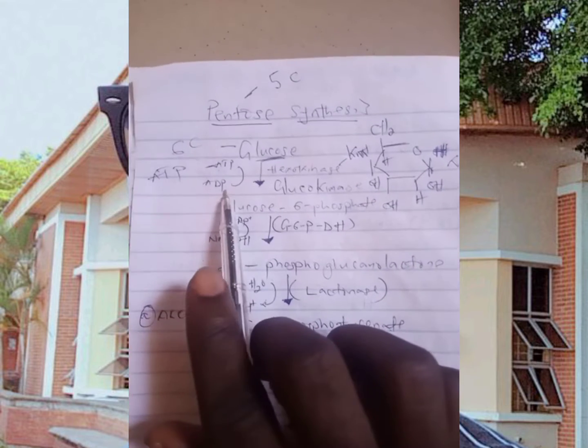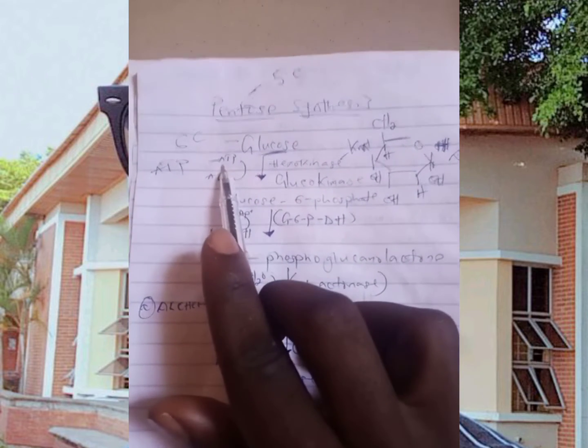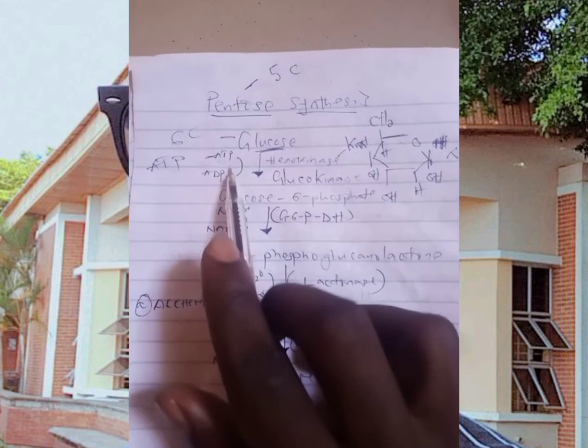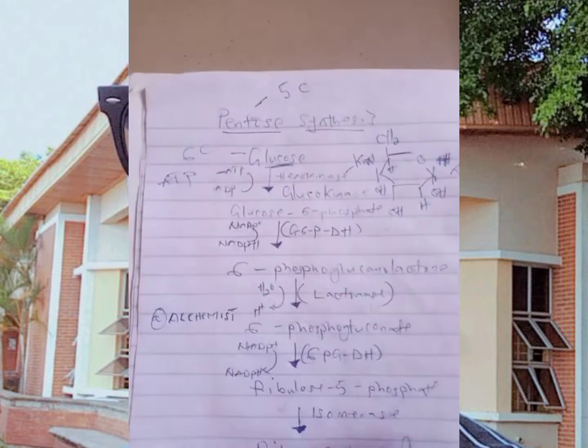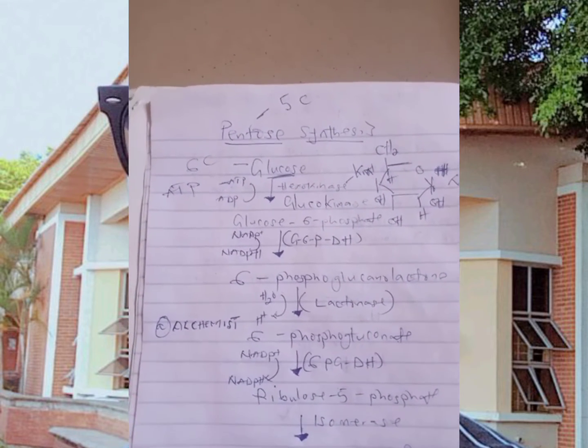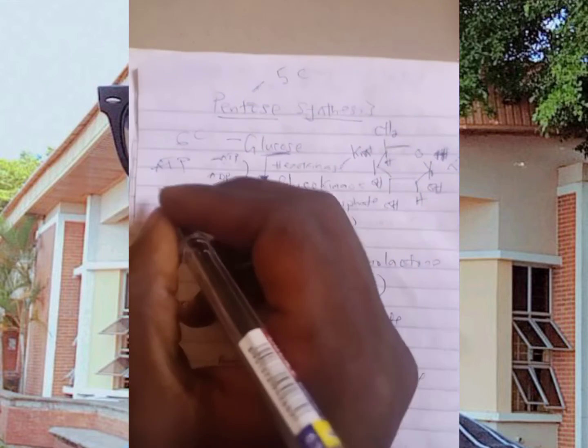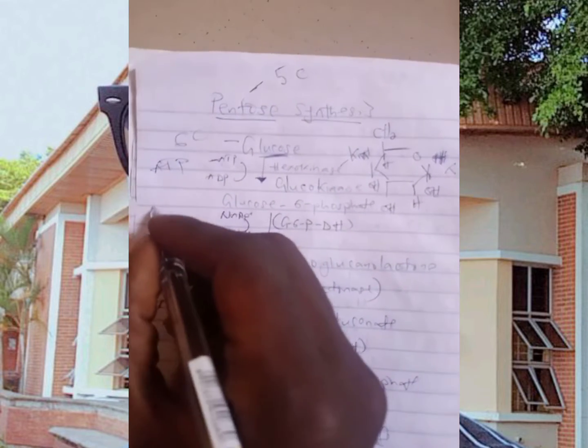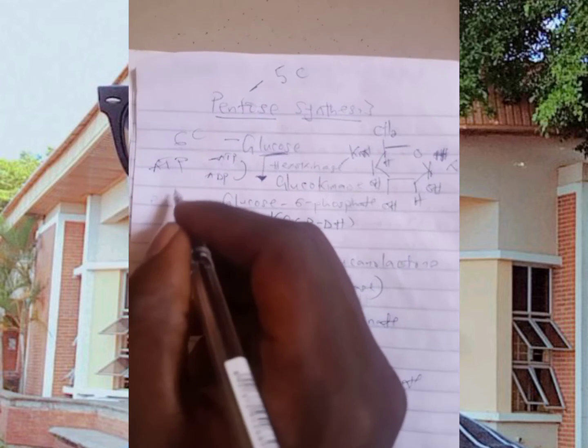Now a single phosphate group has left this ATP, and this is a way of cleaving the phosphate from the adenosine triphosphate.